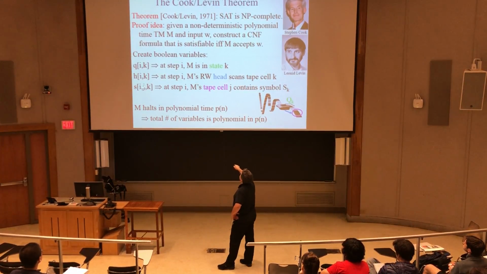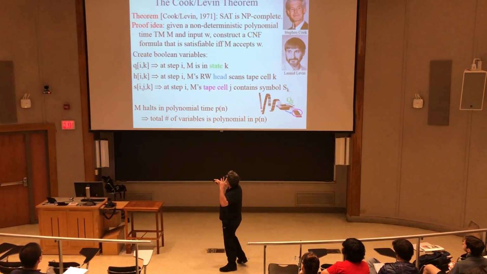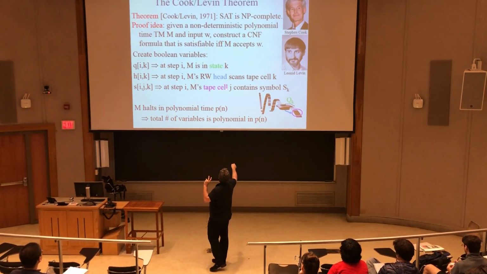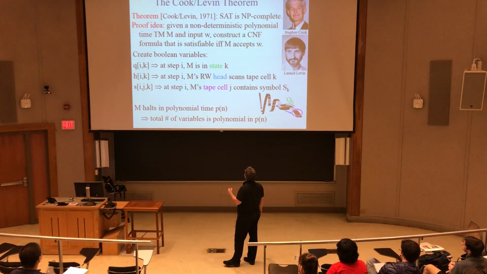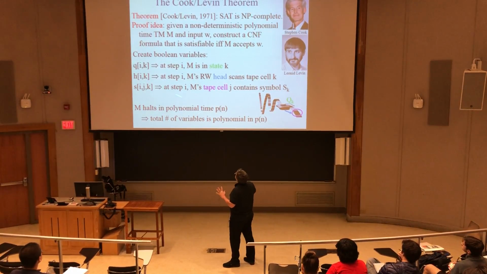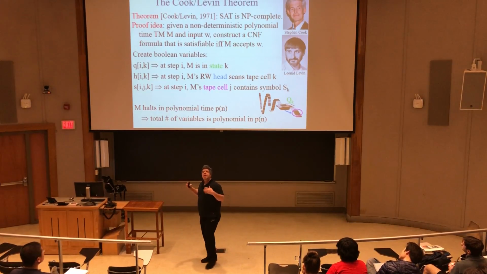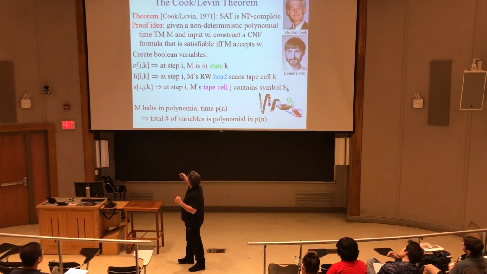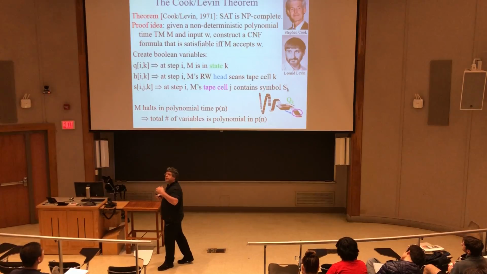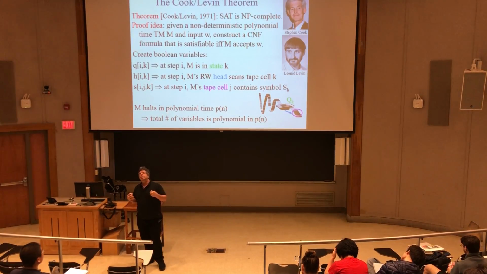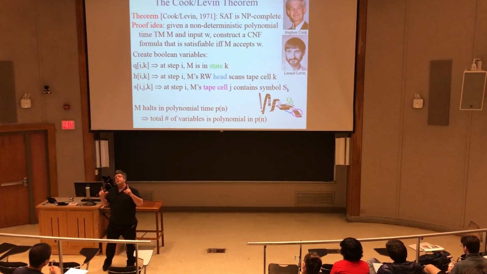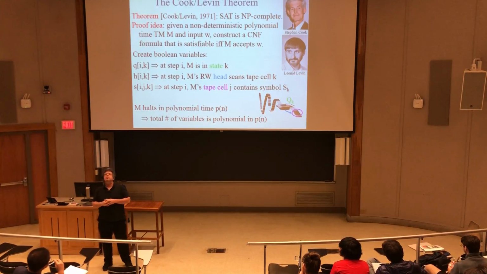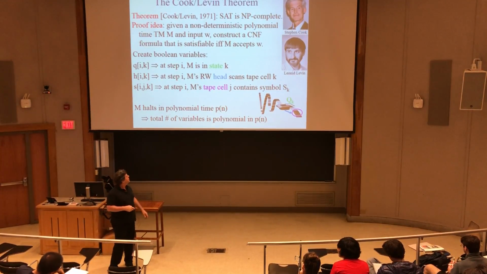And S sub ijk is parameterized by three indices. At step i, the machine's tape cell j contains the alphabet symbol S sub k, or sigma sub k, whatever that symbol might be. So that's a bunch of variables denoting the complete state of the machine at the moment. So based on which variables here are true or false, you know exactly what the machine is doing at that moment. It's an instantaneous Kodak moment where you take a snapshot of that machine in the middle of the execution.